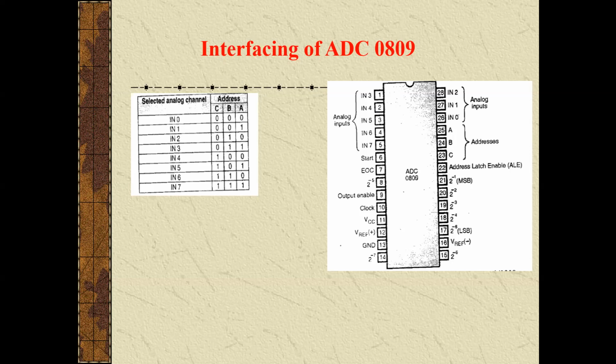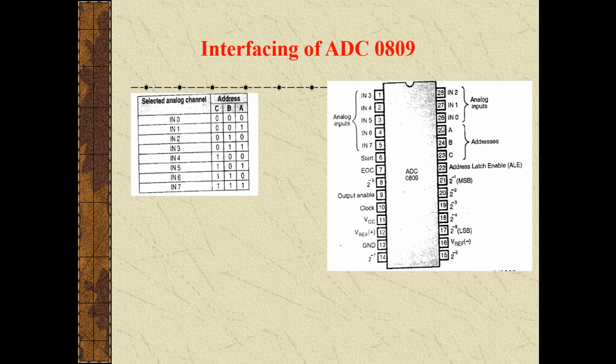These inputs are converted into digital form one by one, not all at the same time. So one by one, the channel will be connected, which will produce the digital form of the output. Hence, these 8 inputs should be selected using the ABC address pins.